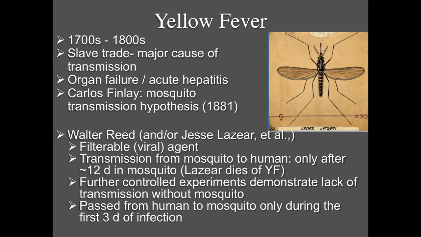So at this point, the idea of viruses was beginning to be understood as something that could be run through a filter that would normally take out bacteria, but the infectious agent would still go through the filter, so those were viruses, and that the transmission needed to go from the mosquito to the human.